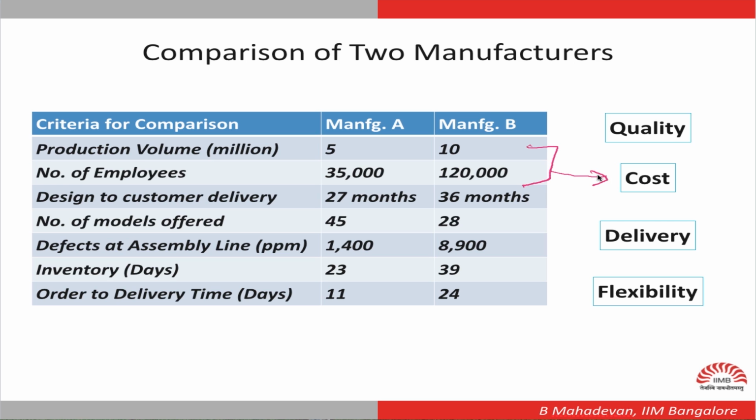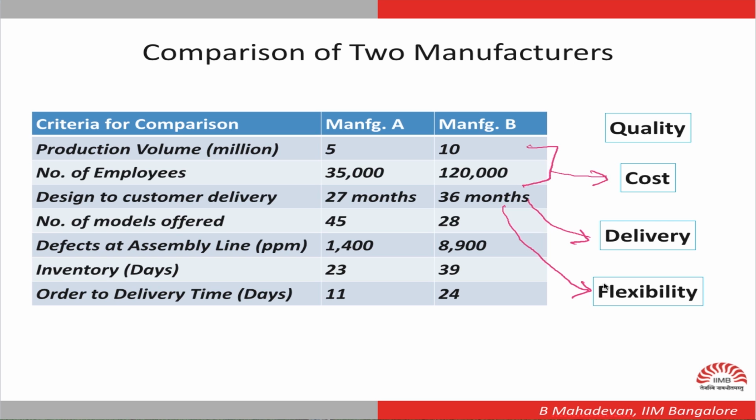Design to customer delivery, manufacturer A 27 months and manufacturer B 36 months, which can affect of course the flexibility. It can also affect delivery and the flexibility because of how well they are able to respond.